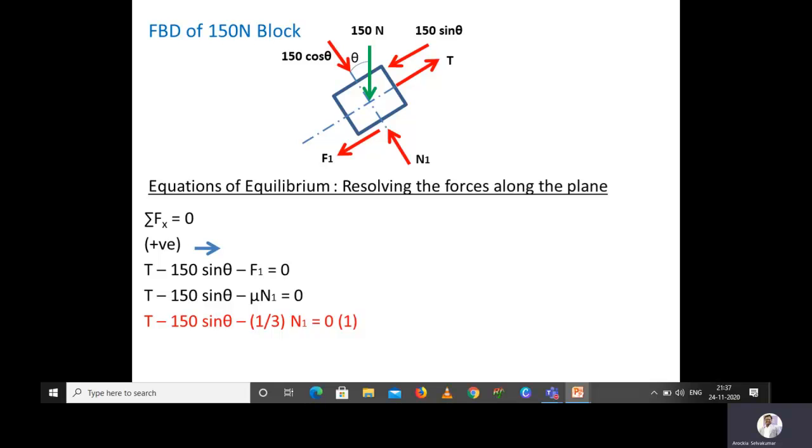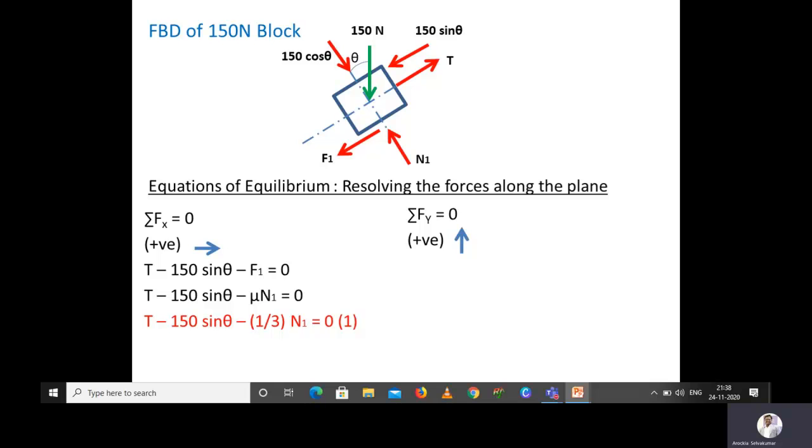The second equation of equilibrium is the summation of forces in the vertical or y direction equal to 0 with respect to the inclined plane. Again we take upward as positive. In the diagram, we have normal reaction N1 and 150 cos theta.